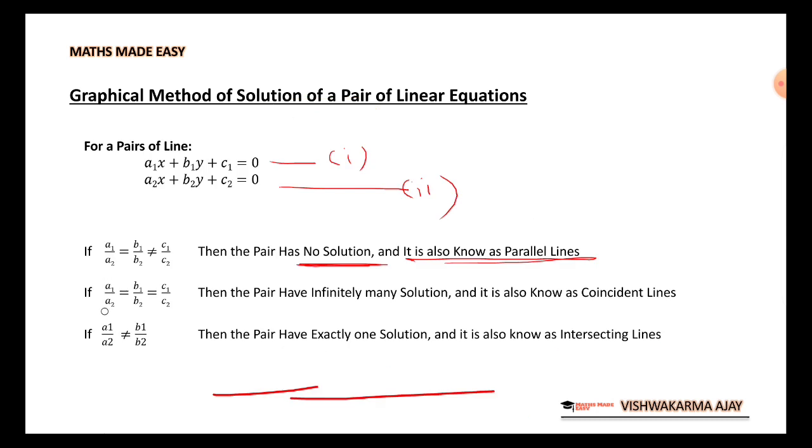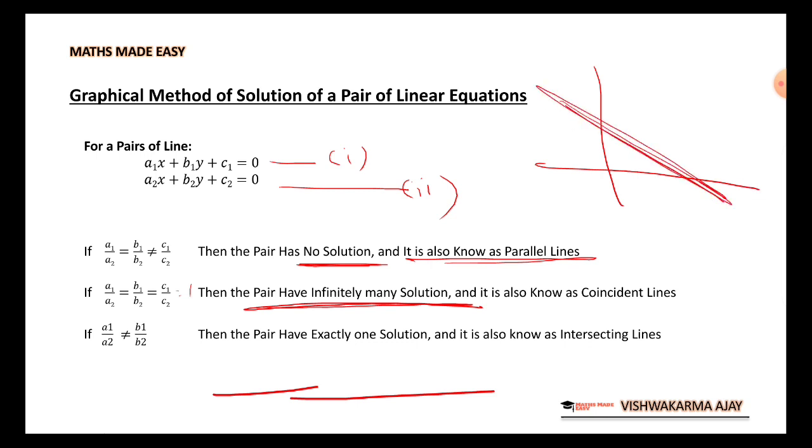If a1 upon a2 equals b1 upon b2 equals c1 upon c2, in that case the pair has infinitely many solutions. For example, line a1 to line a2 is going to give you 1. In that case, it is easily understood that the lines are passing on top of each other.